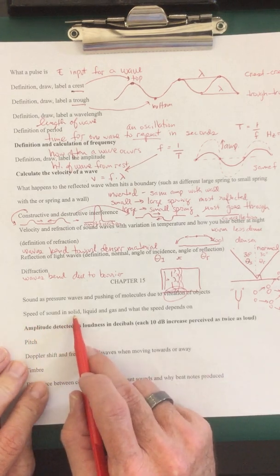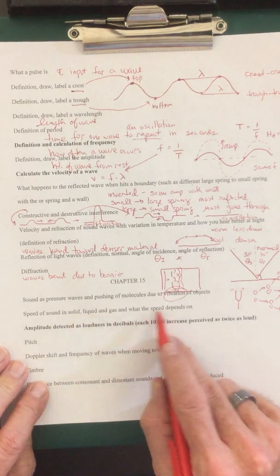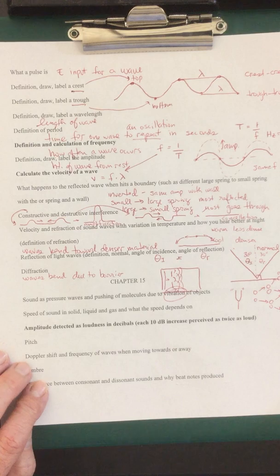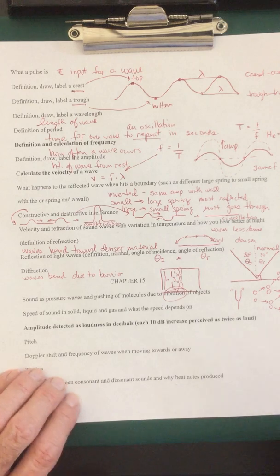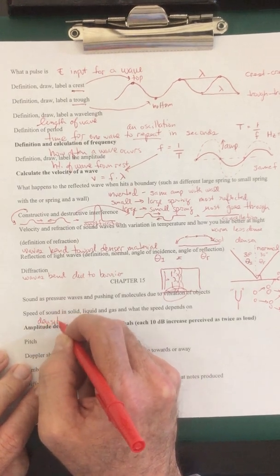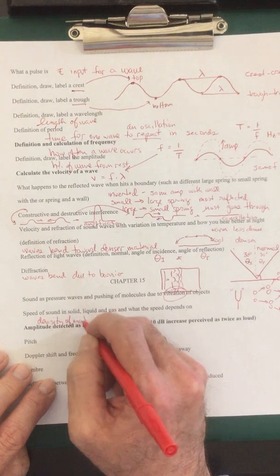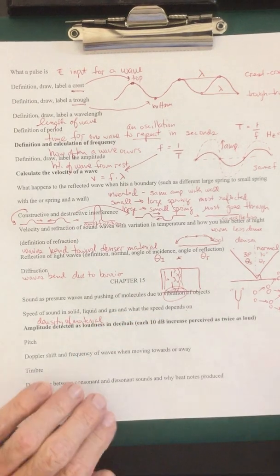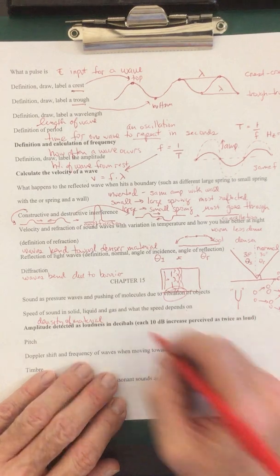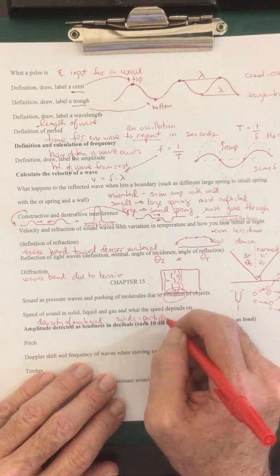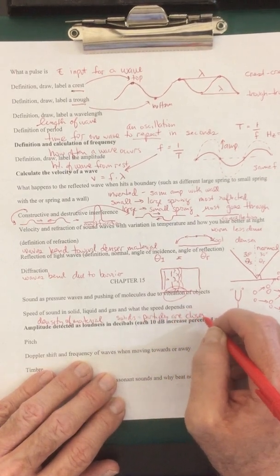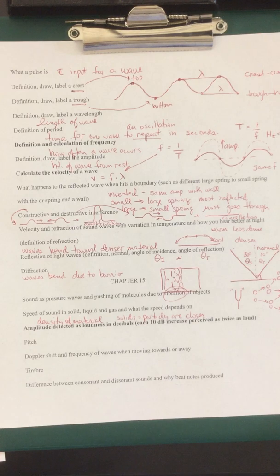So the speed of sound in a solid, liquid, and gas, and what the speed depends on. If you remember, this is due to the density of the material. With solids, the particles are closer together, and because the particles are closer, the energy is transmitted a lot faster.